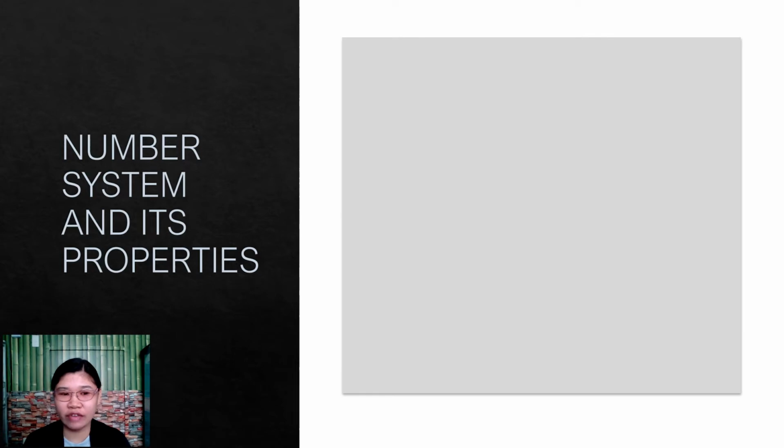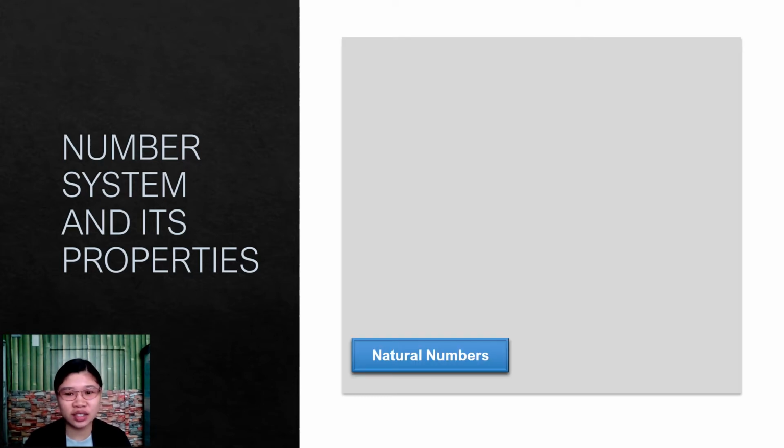Here we have the number system and its properties. One of our objectives today is to identify the different components of the number system. Let's start with natural numbers. What are natural numbers? We also refer to these as counting numbers, the numbers 1, 2, 3, 4, 5, and so on.